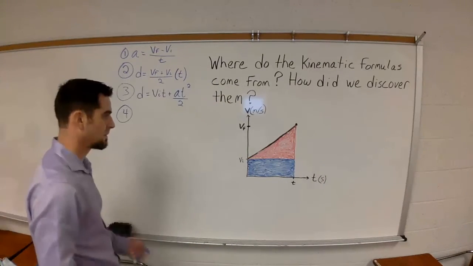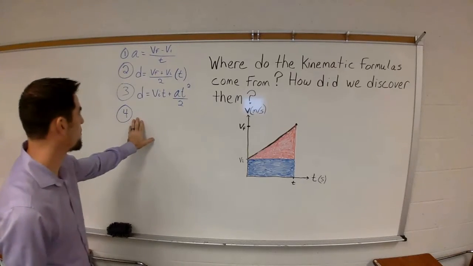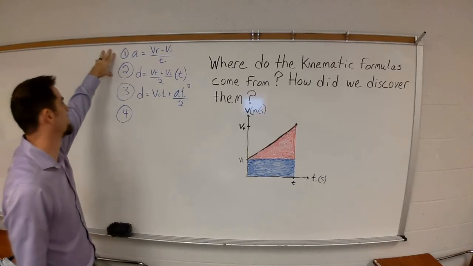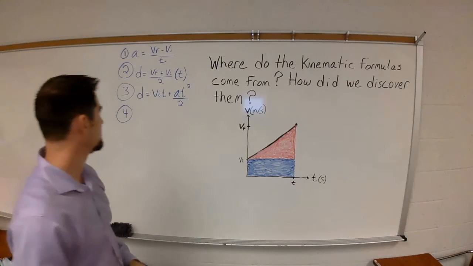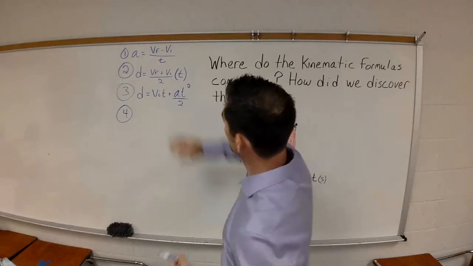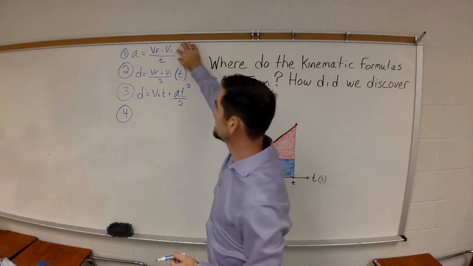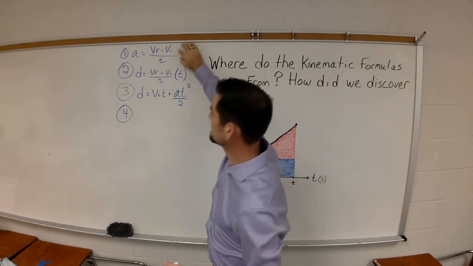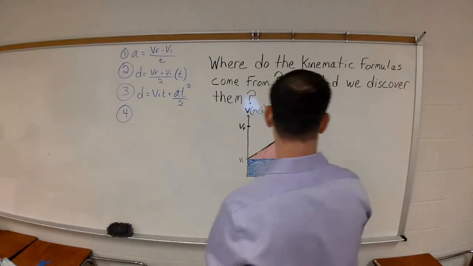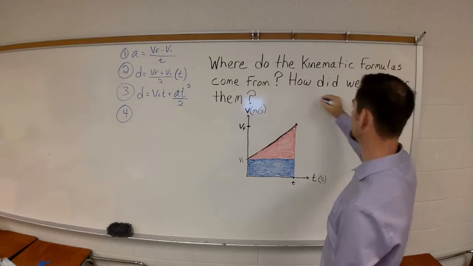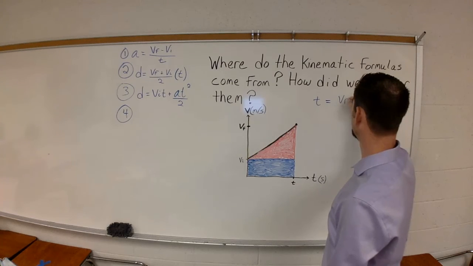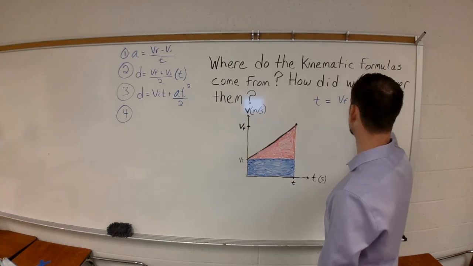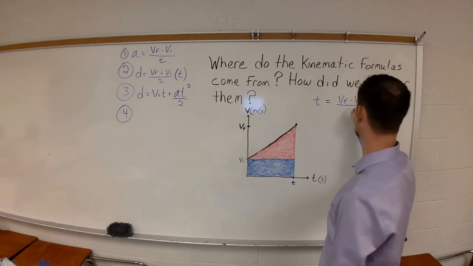Okay, to get the fourth kinematic formula, we again can use the first and the second one to find out the fourth one. Last time we had to solve for final velocity. This time we want to solve for time on our first kinematic equation. That gives us time is equal to final velocity minus initial velocity over acceleration.